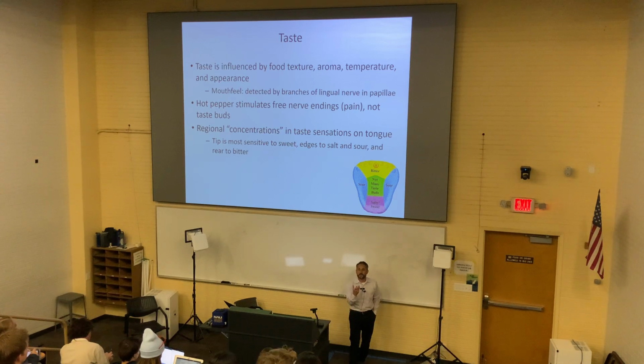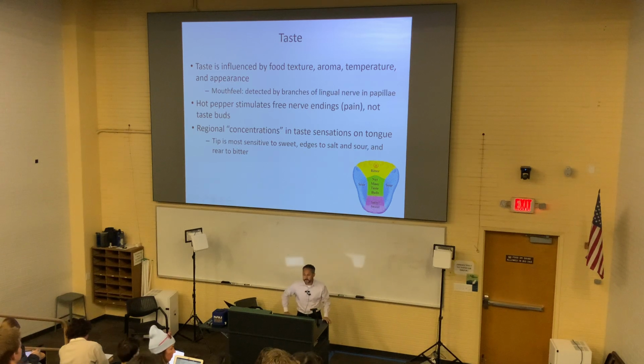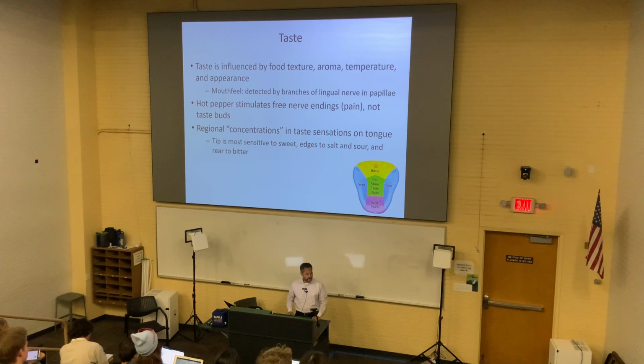So the mouth feel or mouthful is detected by branches in the lingual nerve in the papilla themselves. And that's mechanical feedback that we have on how much food you should actually put in your mouth at any one given time. I mean, you ever thought about that? There are social cues, right?